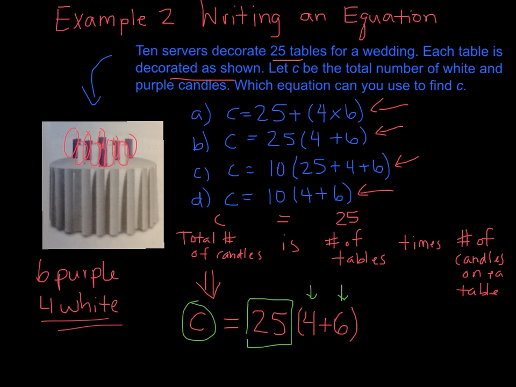So 25 tables, they each have to look like this. They each have to have 4 white, 6 purple, so they have to have 10 total candles times our 25. Okay, we don't actually have to solve this, but we had to figure out which equation works.